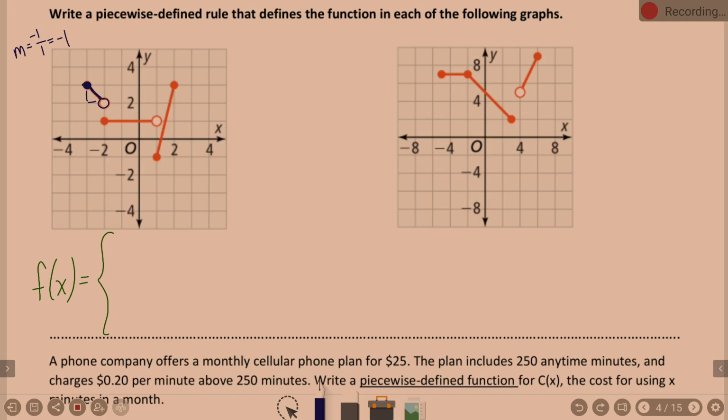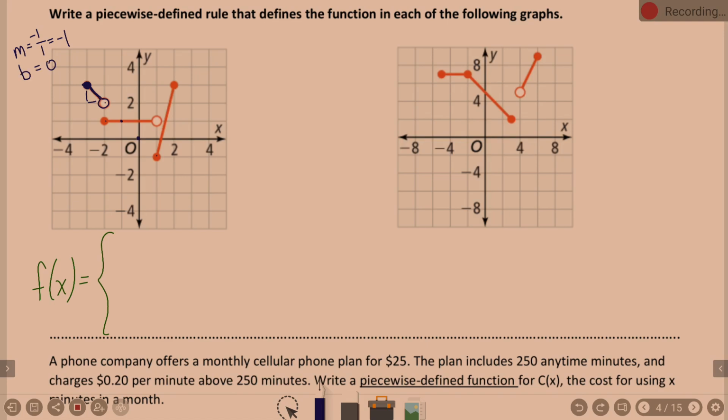But we just said we were going down 1 over 1. So if I continue from here, down 1 over 1, down 1 over 1, down 1 over 1. Oh, wait, did I just cross the y-axis? Where am I touching the y-axis? 0. So I have a y-intercept of 0.